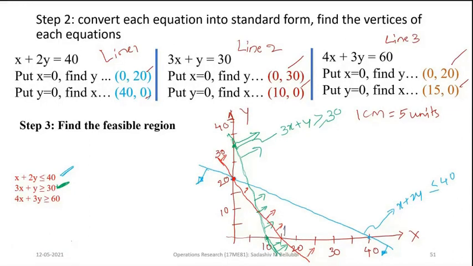This horizontal line tends above, whereas this blue line tends downward, this green line tends away from the origin, and this red one as well. So this will be our feasible region.